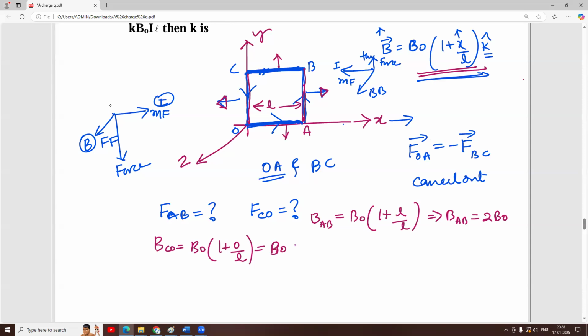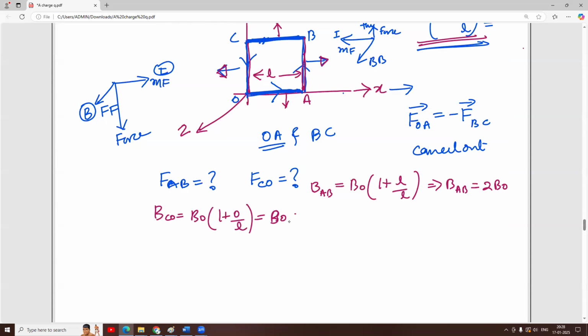So now write the force on CO and the force on AB. Force acting on any current-carrying conductor placed in a magnetic field is F equal to I into L cross B. Magnitude-wise, you can write it as ILB sine theta. And here sine theta is sine 90, because IL and the magnetic field B is along the z-axis.